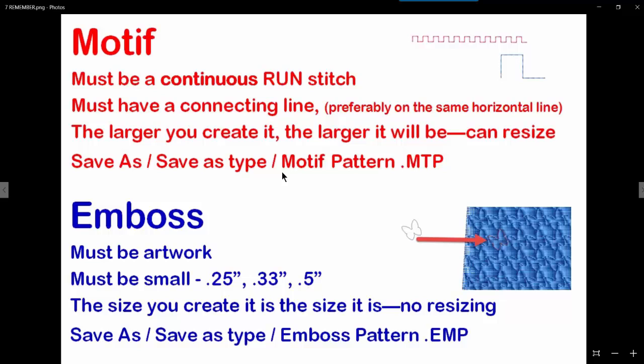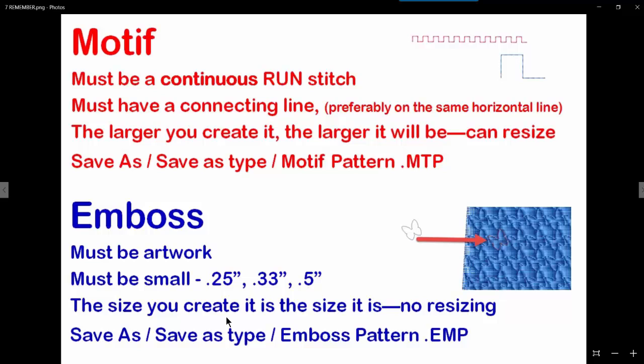Finally, when you save it, you need to save as type as a motif pattern, which gives you an MTP extension. When we do emboss work, the emboss design must be artwork. Remember our butterfly? It needs to be small. I would not go any larger than a 0.5, and there are times you might need to go smaller than a 0.25. But as you saw in the video, I play with these three measurements.